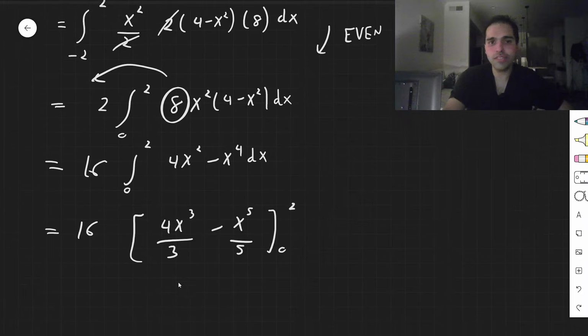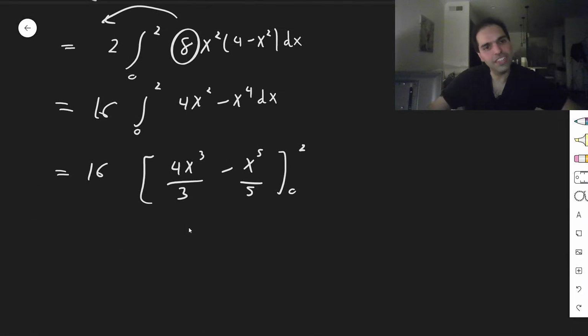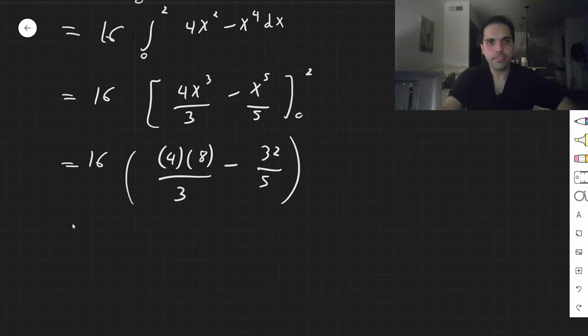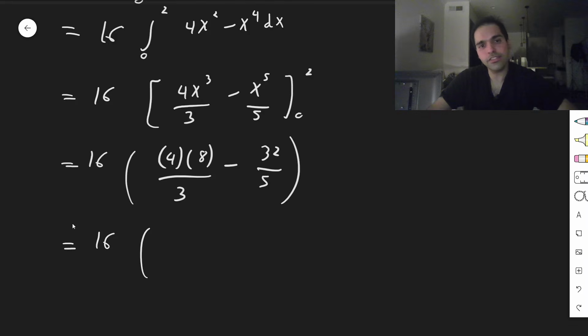And you'll see this gives us quite a cute simplification, because this is 16 times, 4 times 2 cubed, that is 8. So 4 times 8 over 3 minus 2 to the 5th, so 32 over 5, and then minus 0. And the nice thing is, notice 4 times 8 is 32.